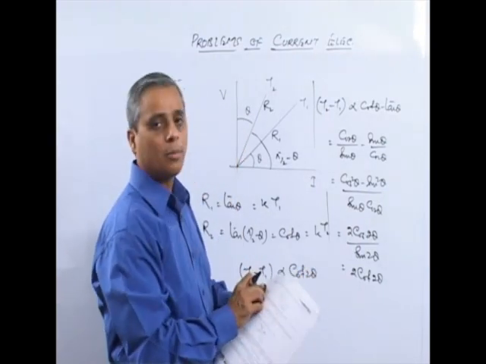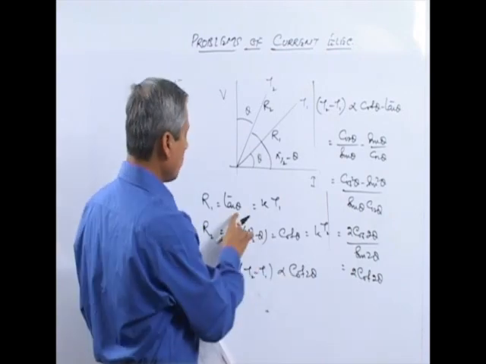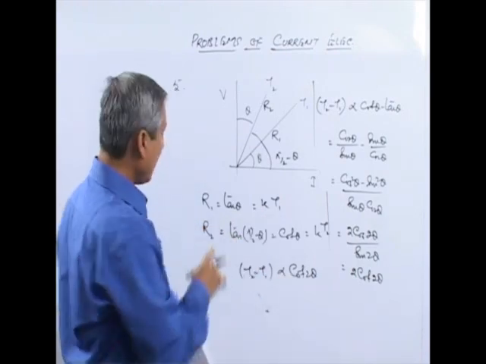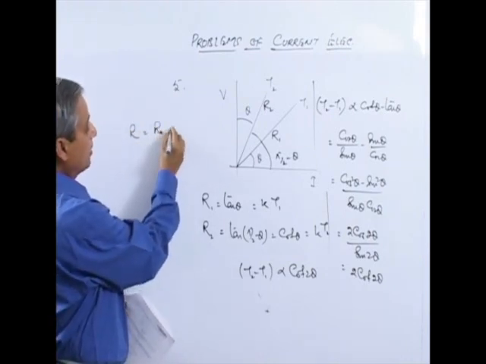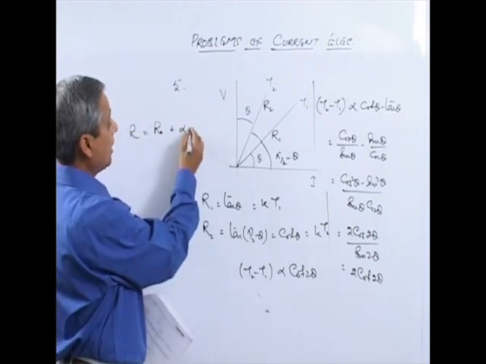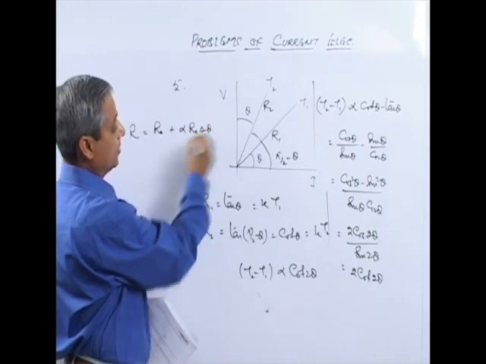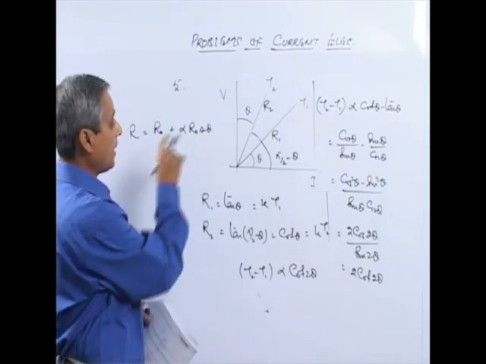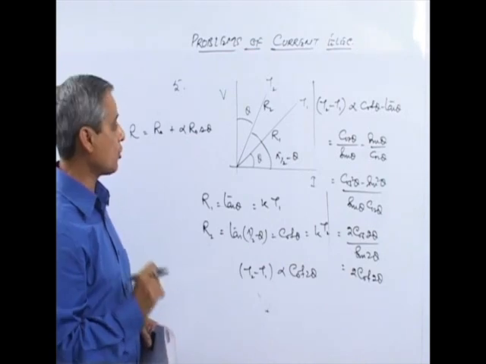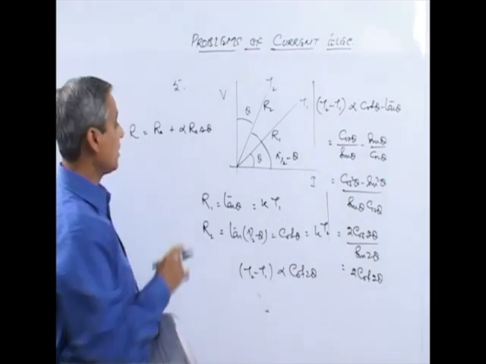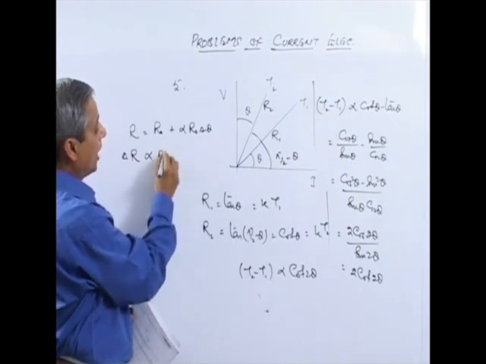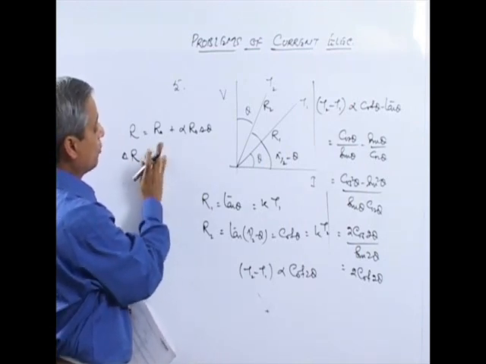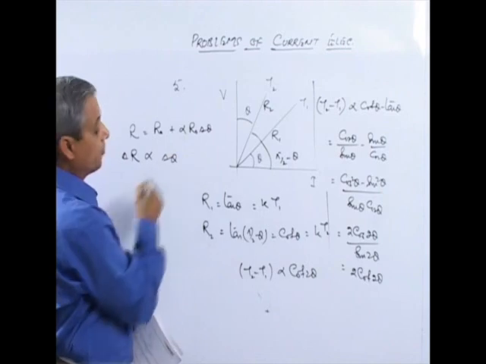If you have any doubt in your mind about this proportionality, actually R is R naught plus alpha R naught delta theta. Alpha is the temperature coefficient, or you can say delta R is proportional to R naught alpha delta theta, that is proportional to delta theta.